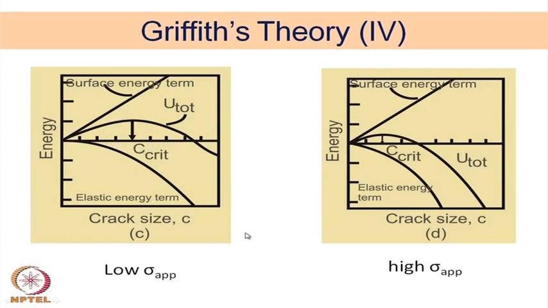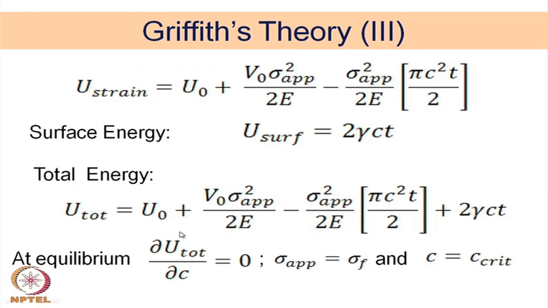So, for an equilibrium situation, this energy is the maximum. At equilibrium the slope of that curve should be 0, and that is what it looks like from the diagram also. If you apply that, then the externally applied stress sigma becomes the fracture stress.